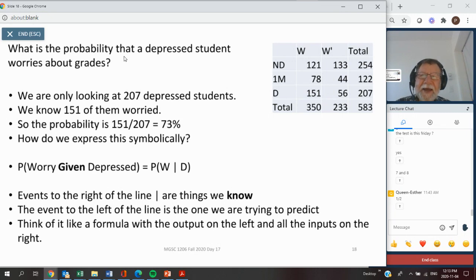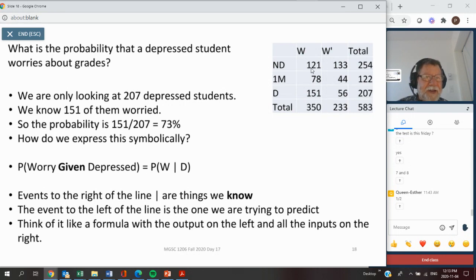In this thing, the language is really important because it tells you at the very beginning that the student is depressed. That's known for sure. Okay, we're only looking at the depressed students. And then we're asking among that group who worries, how many of them worry. Well, I've got 207 depressed students.